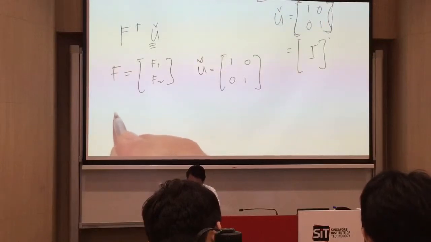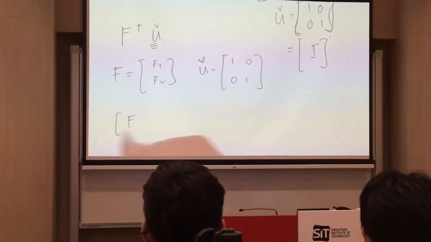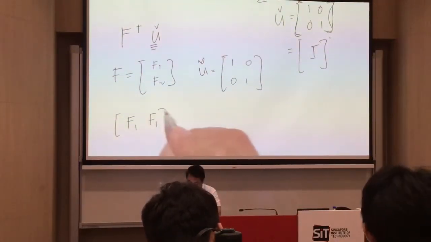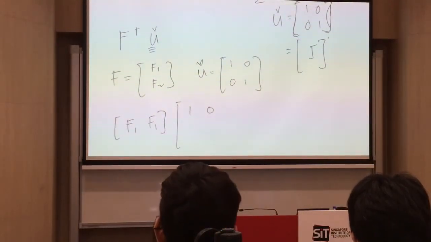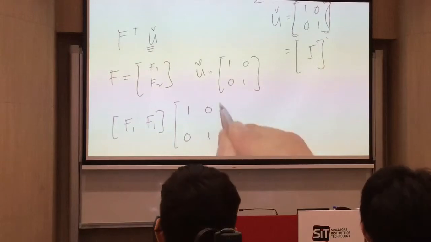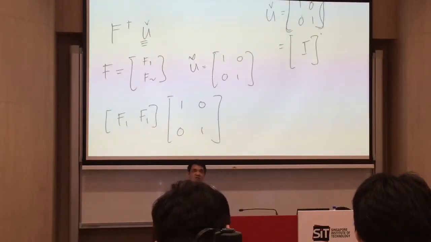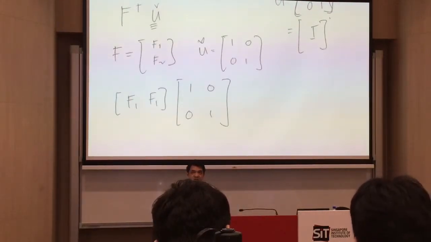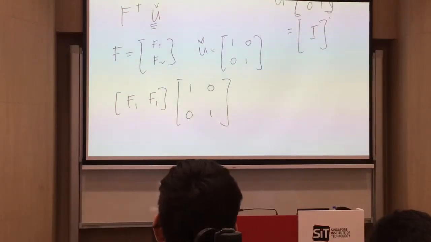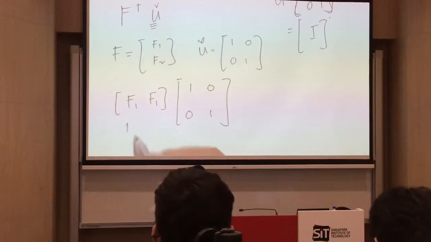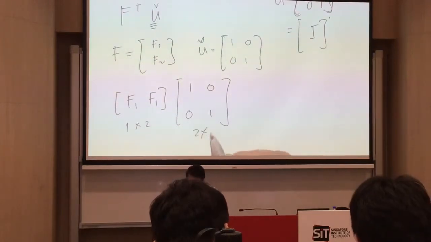What do you get? So you have F1, F2. This one is 1 by 2, this one is 2 by 2.